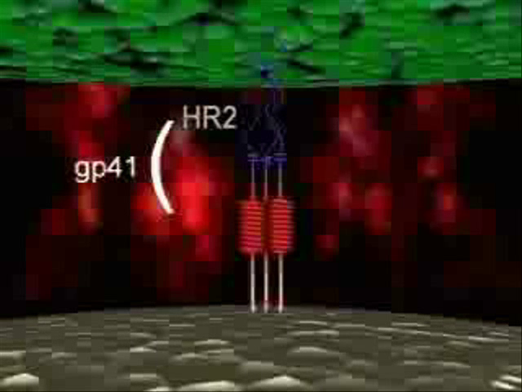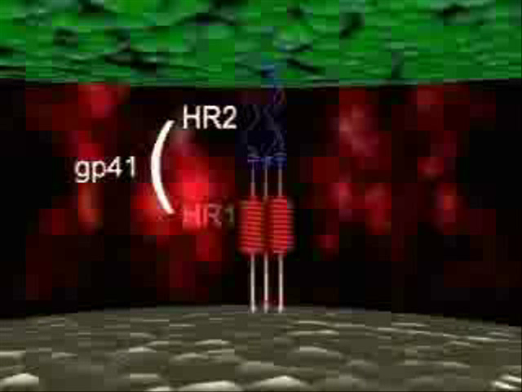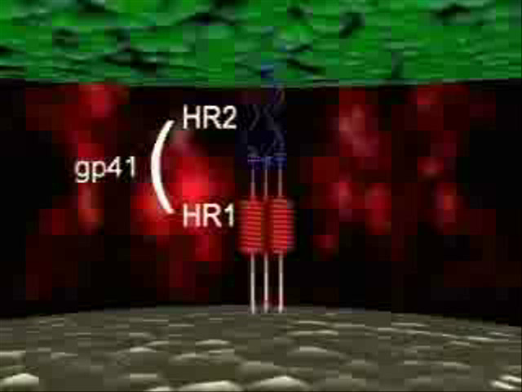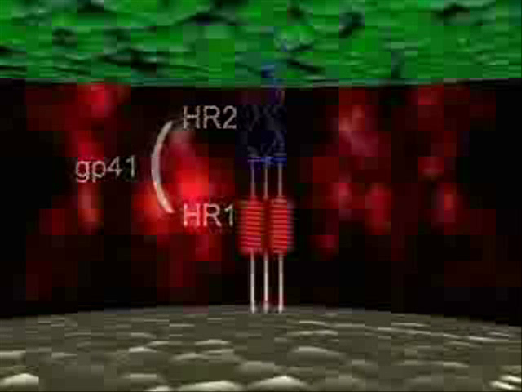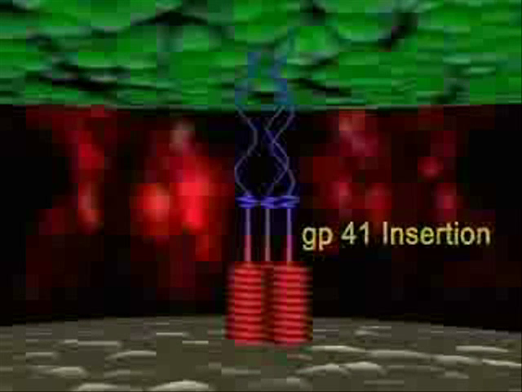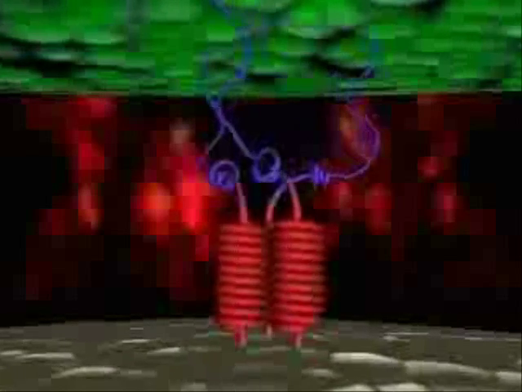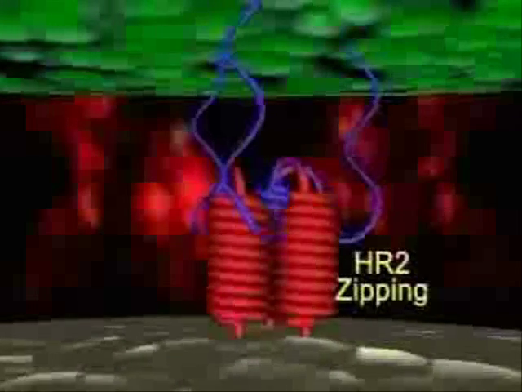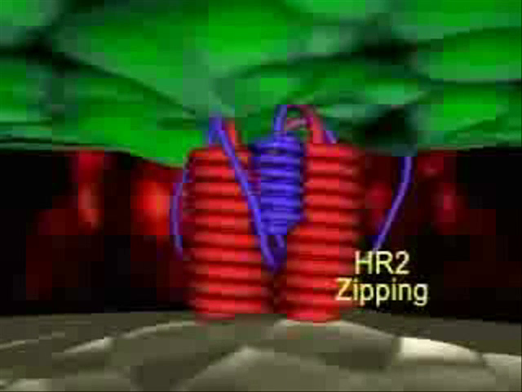GP41 contains two heptad repeat domains, HR2 and HR1. Current models suggest that as GP41 is released from GP120, the hydrophobic terminus of GP41 embeds itself in the cell membrane. Subsequently, the loosely structured HR2 domain begins to coil into the grooves exposed on the trimeric HR1 domain of GP41.